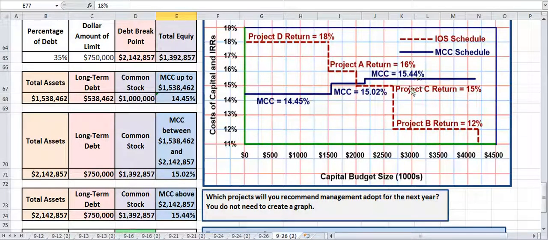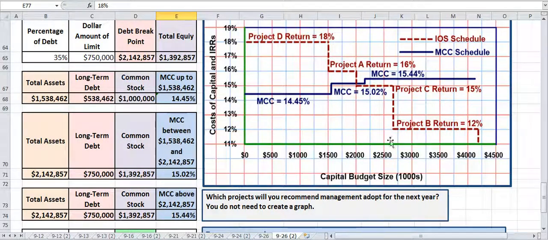I'm talking in opposites. Its return of 15%, this brown dotted line, is lower than the cost of 15.02, and it's certainly lower than 15.44.